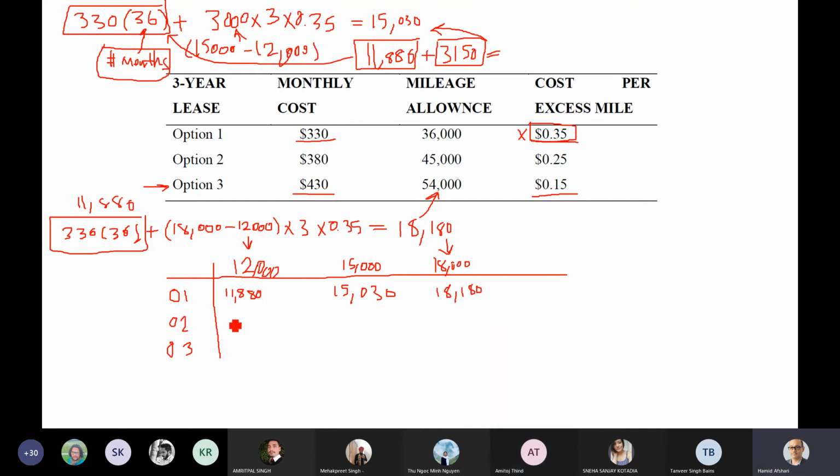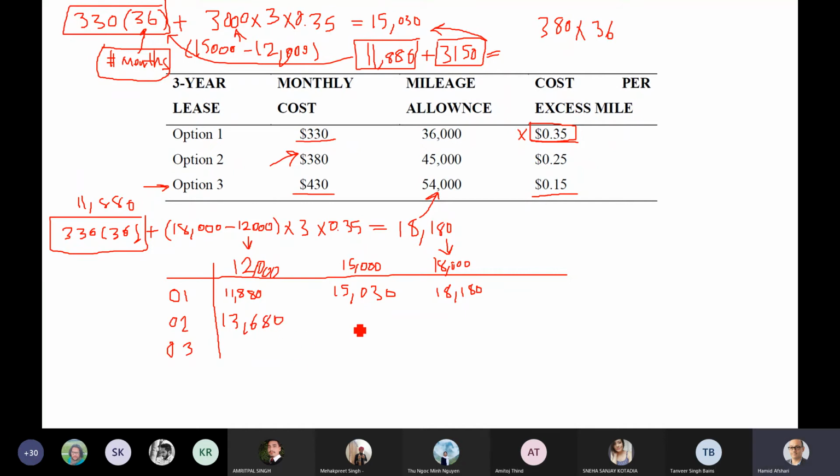Correct. And I do the same calculations for the rest of the options. Can somebody calculate the rest of them very fast? For this option, it will be 380 multiplied by 36 months. How much is that? 13,680.